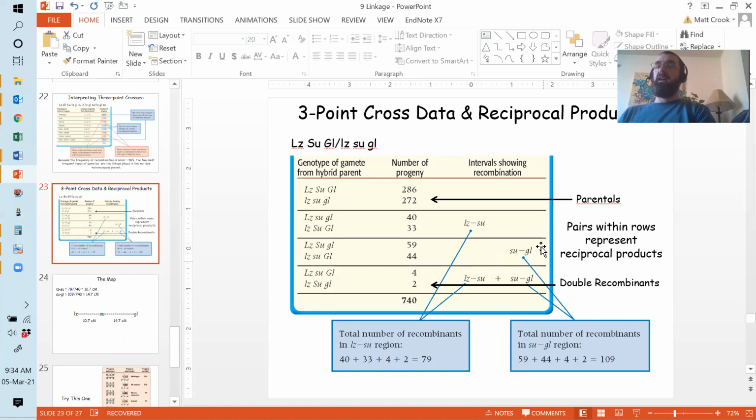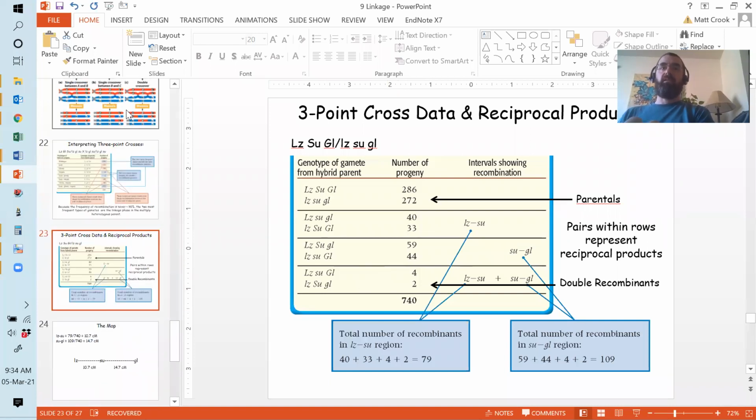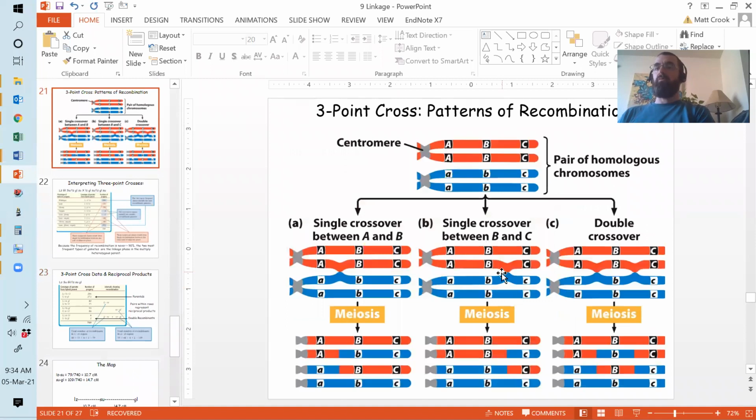Then we do the same for the second crossover event, and these are a similar distance from each other. We add the single recombinants; again, these are reciprocals, so you have to add them together, and the double recombinants. Just to hammer the point home, if you're looking at the recombination frequency between B and C, or SU and GL, you have recombination occurring both here and here.